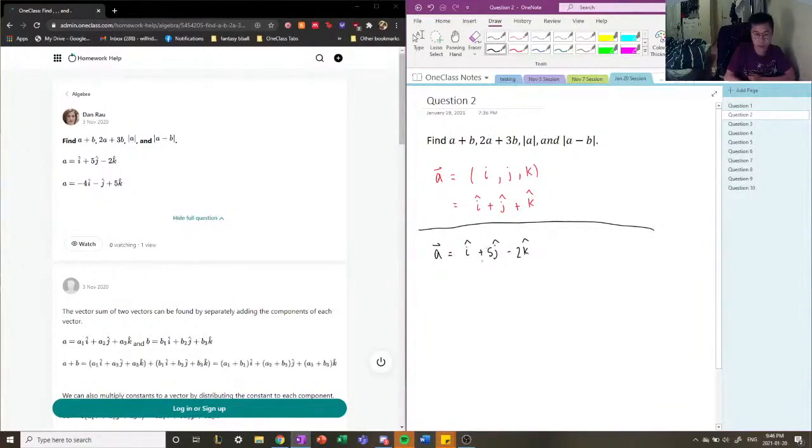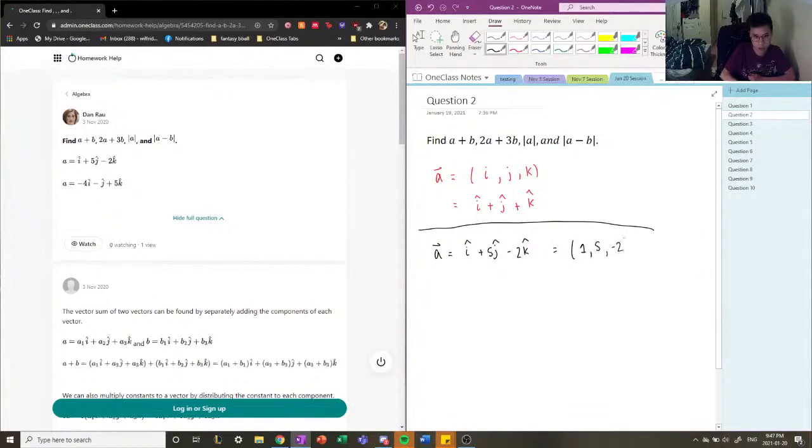So the direction of this vector is noted by the vector being 1 unit in the i direction, plus 5 units in the j direction, and minus 2 units in the k direction. So if you were to have an axis plane with 3 different axes, you can really map out this vector for yourself. Another way to write this is in the coordinate system, which is going to be 1, 5, and negative 2.